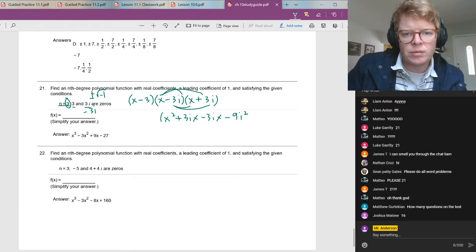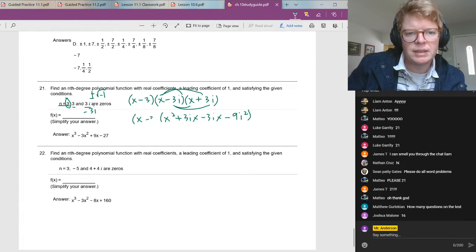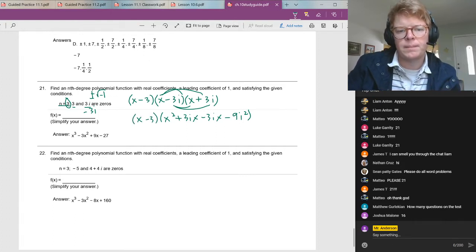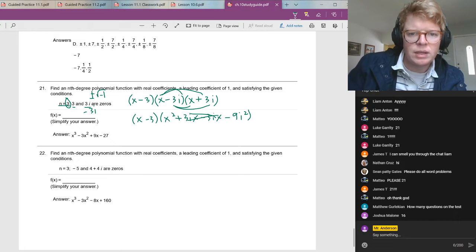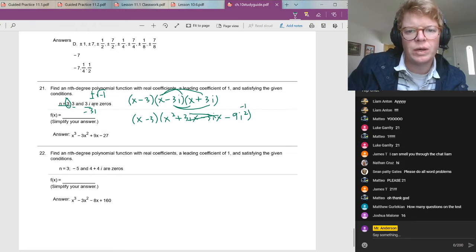And then again, when we're done, we are going to multiply this by x minus 3. Okay? All right, so simplifying this, the 3ix and the negative 3ix cancel out. This is negative 9i squared, which means negative 9 times negative 1. i squared is negative 1. So that's going to be x squared plus 9.